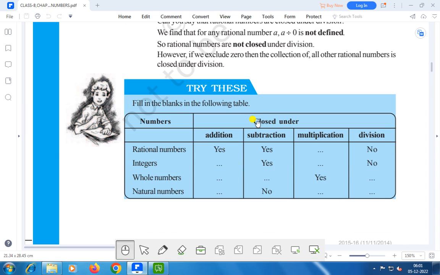Rational numbers closed under addition, yes. Closed under subtraction, yes. Closed under multiplication, yes.